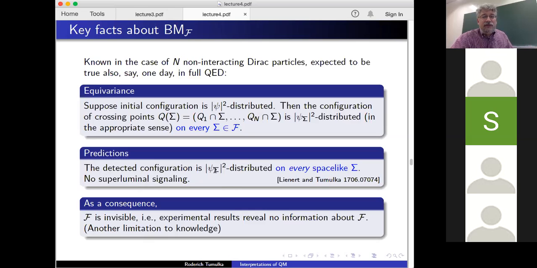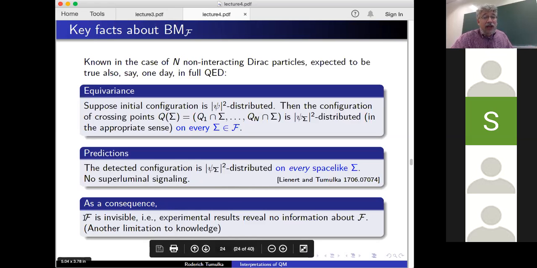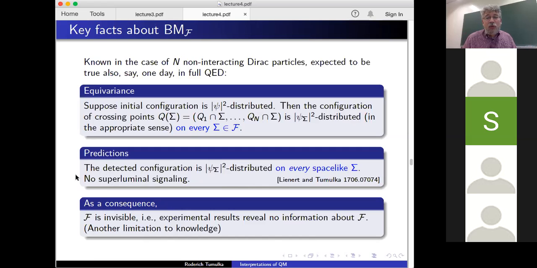As a consequence of this fact that you have psi squared distribution on every space-like surface, it follows that the foliation is invisible. By this, I mean that experimental results reveal no information about which foliation it is.